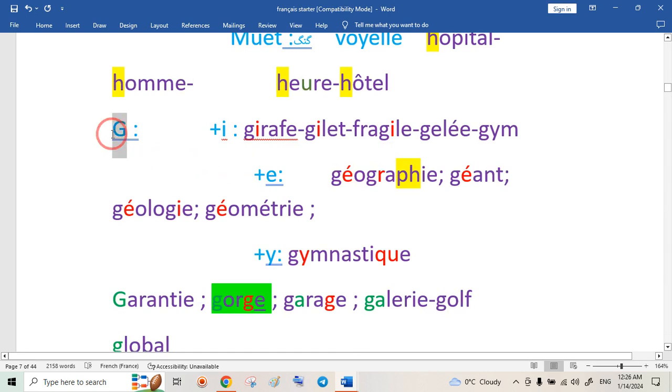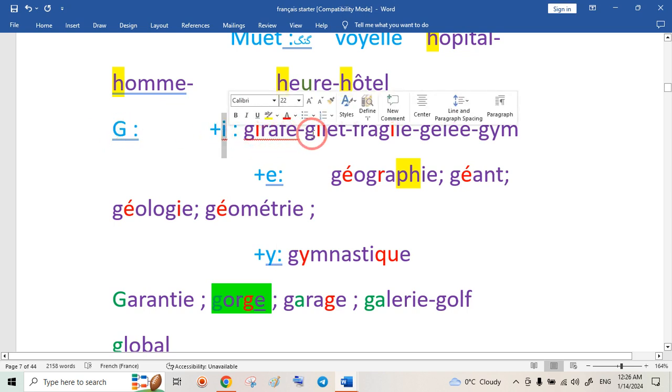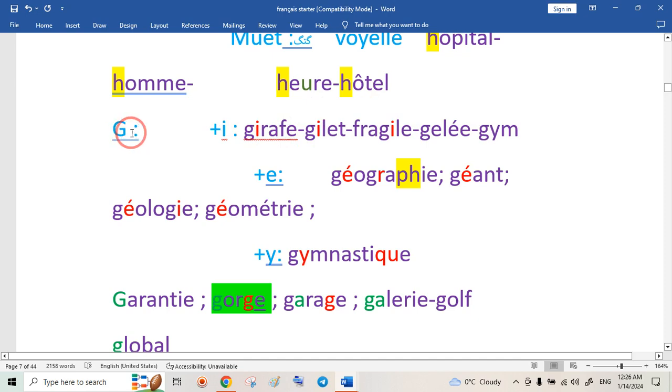About the letter G. Whenever you have G and after that you have E, I, or Y, you must pronounce it like the soft G sound, like girafe, gilet, vest, fragile, gelé, gelé means frozen, gym.